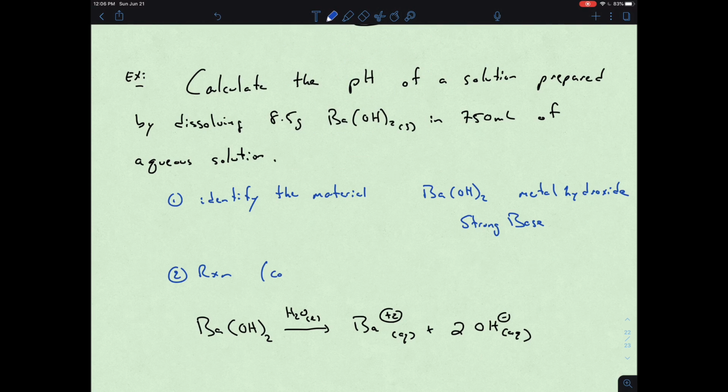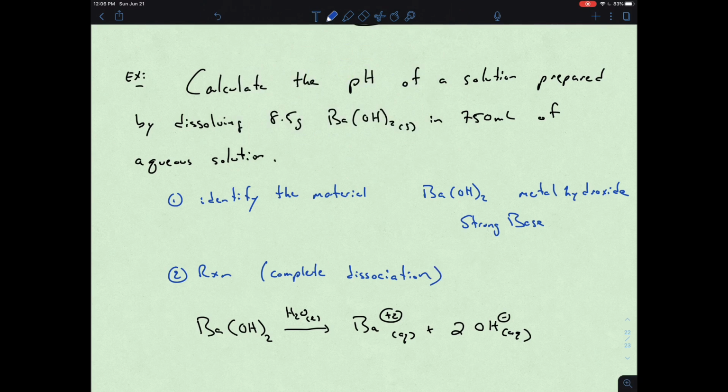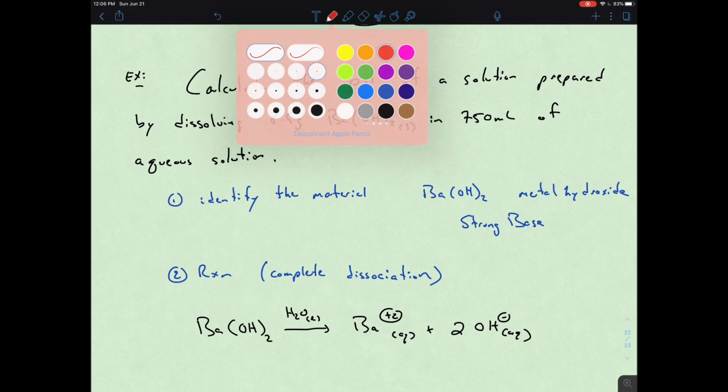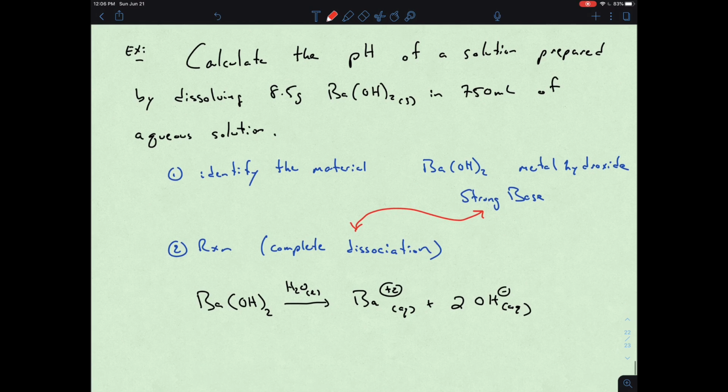So our reaction here is complete dissociation. And that's a result, again, of the idea that we have a strong base. So we have complete dissociation.